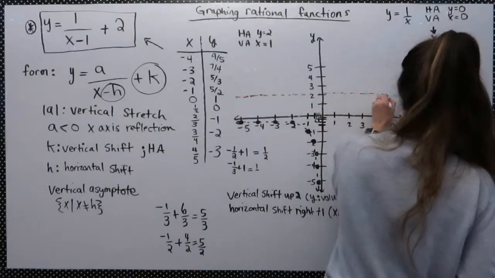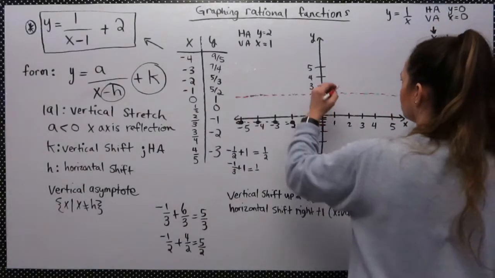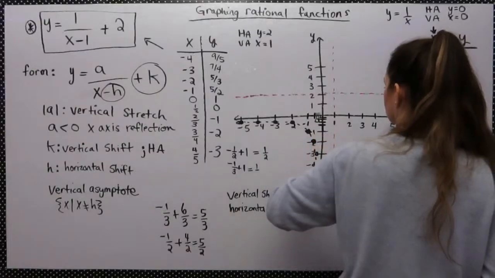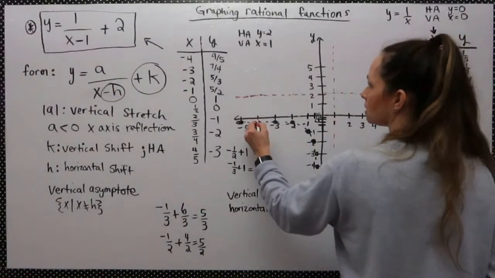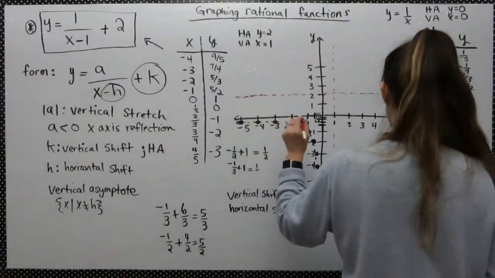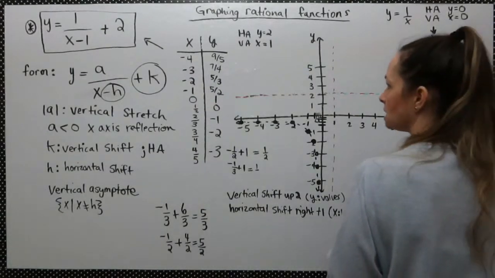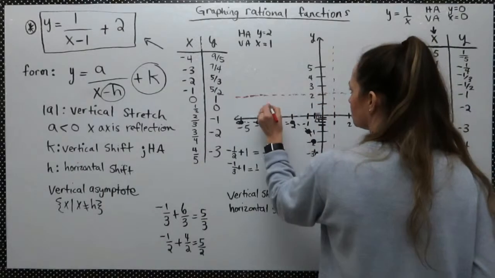Okay, so we've got our asymptote for horizontal, and then our vertical one was here. And we've got -4, 9/5. Let me just see if I can get this calculator to cooperate for 2 seconds. 9 divided by 5. Okay, that's 1.8. Positive 1.8. So we're almost at 2 for -4.